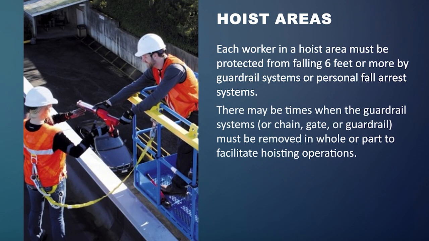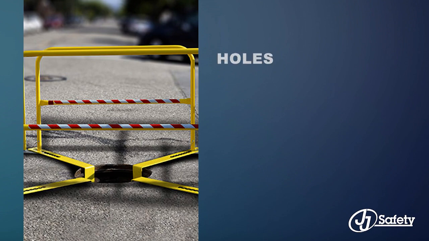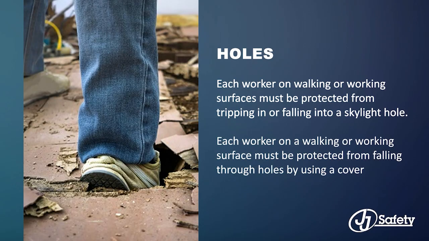There may be times when the guardrail systems must be removed in whole or part to facilitate hoisting operations. At such times, a personal fall arrest system must be used to protect the worker from falling through the unprotected opening. Each worker on a walking or working surface must be protected from tripping in or falling into a skylight hole. Each worker on a walking or working surface must be protected from falling through holes by using a cover.